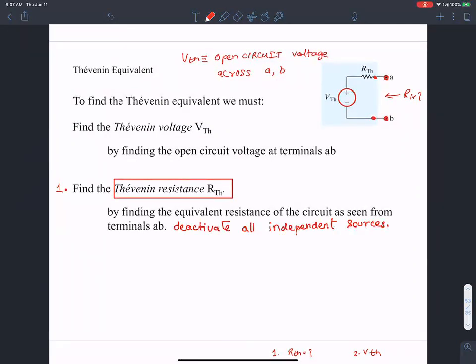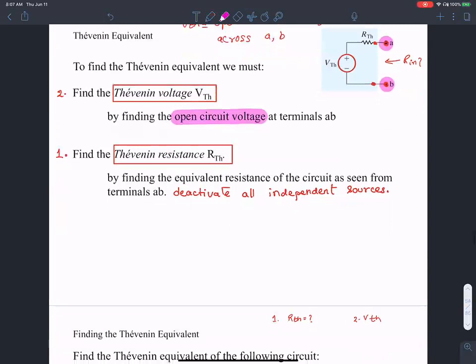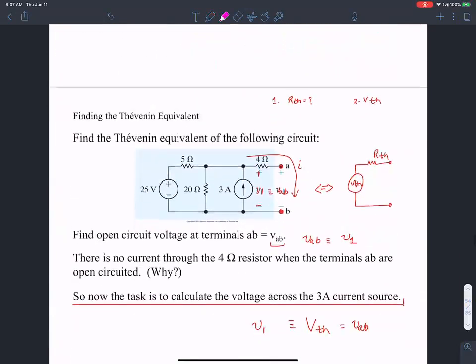The next step is to find the Thevenin voltage. Thevenin voltage is defined as the open circuit voltage across the terminals A and B. What is the open circuit voltage? That's V Thevenin. What's the resistance looking in? That's the R Thevenin. We saw an example of this.